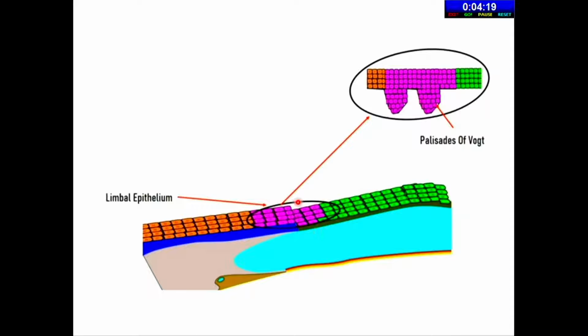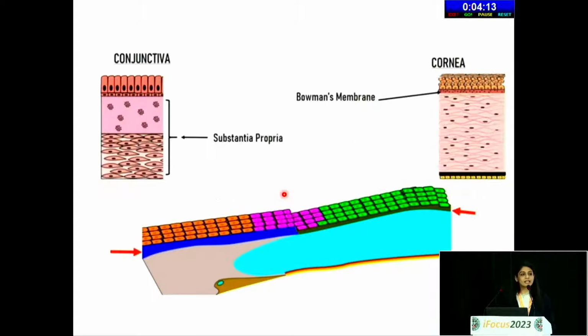This transition has been marked here in pink, and these are the palisades of Vogt, which are known to have the limbal stem cells. Now the second layer of the cornea is the Bowman's membrane, and the second layer of the conjunctiva is the substantia propria. So the second definition of the histological limbus is the transition from the Bowman's membrane to the substantia propria.